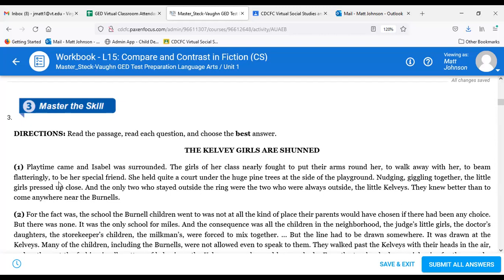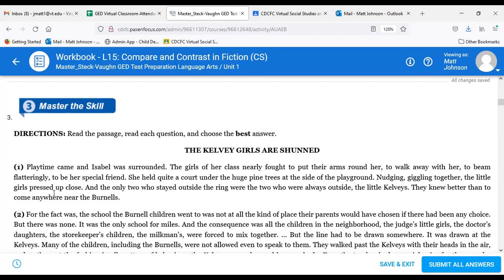The Kelvy girls are shunned. Playtime came and Isabel was surrounded. The girls of her classroom nearly fought to put their arms around her, to walk away with her, to be her special friend.